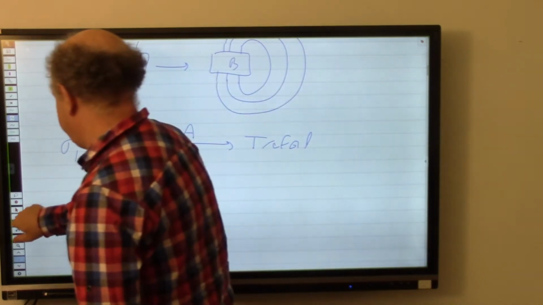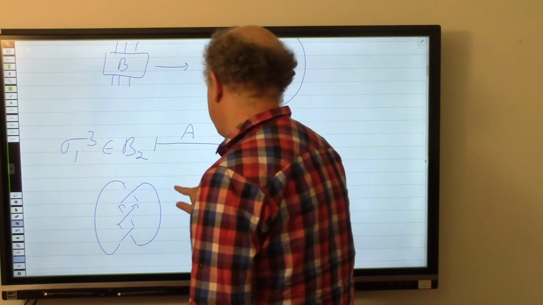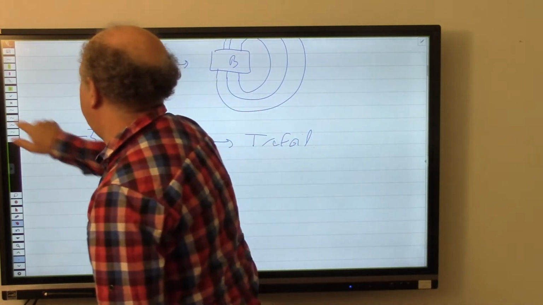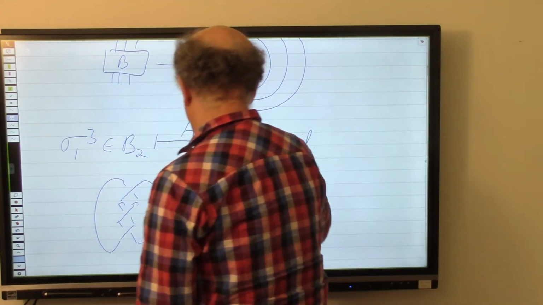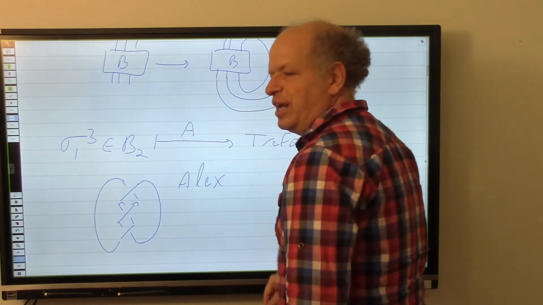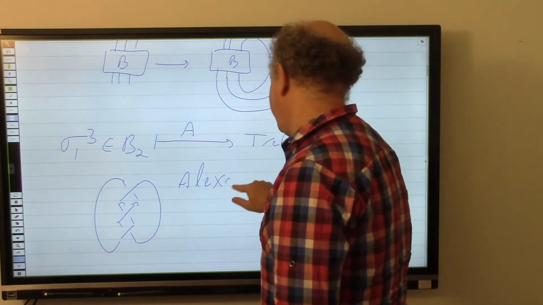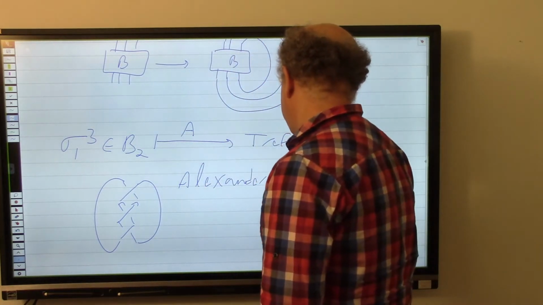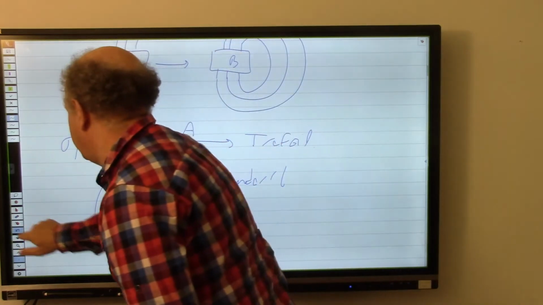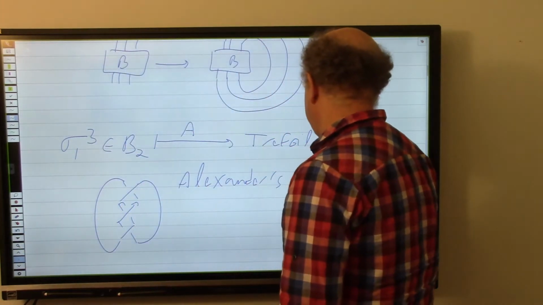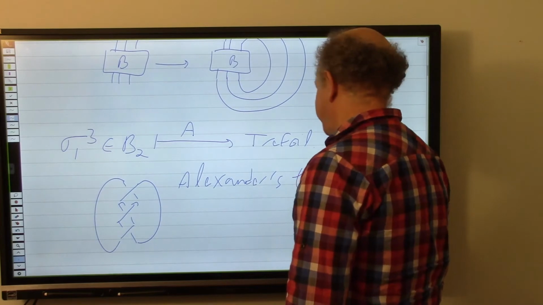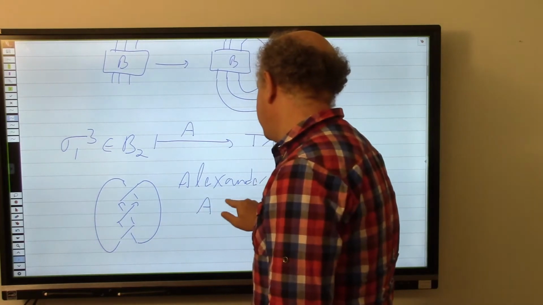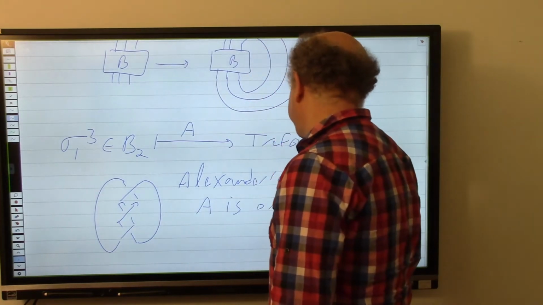And then comes Alexander's theorem, which is why I chose the name A. So Alexander's theorem says that the map A is onto.